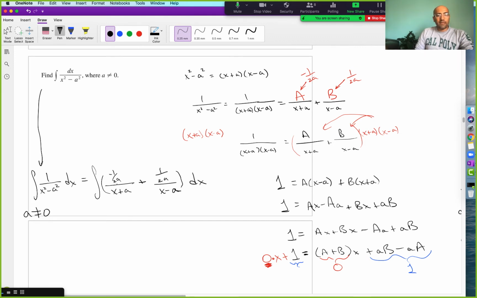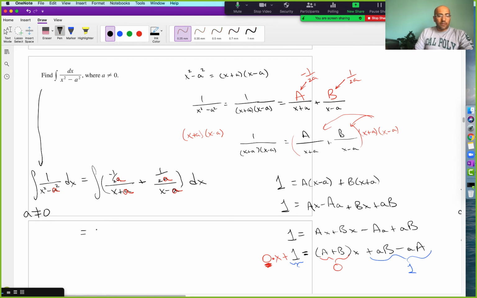And remembering that a is a constant, and it's not 29, it's a constant a, so maybe that's worrisome. So this is an a, this is an a, and this is an a, and this is an a. It's starting to look like a 29 to me. Okay, so remembering that these are all constants, they're not the variable x, so I can take this whole term and just put it out in front.